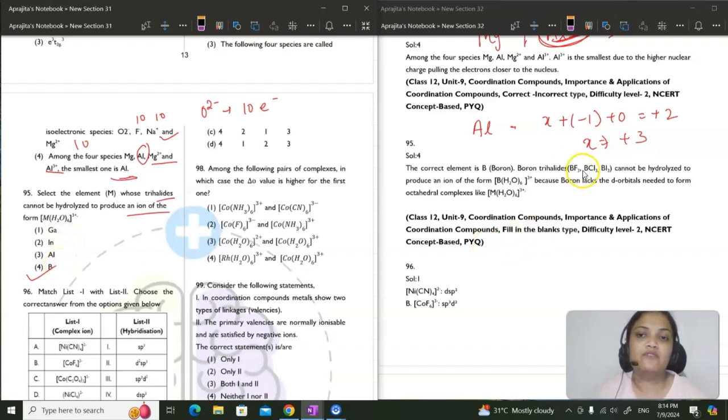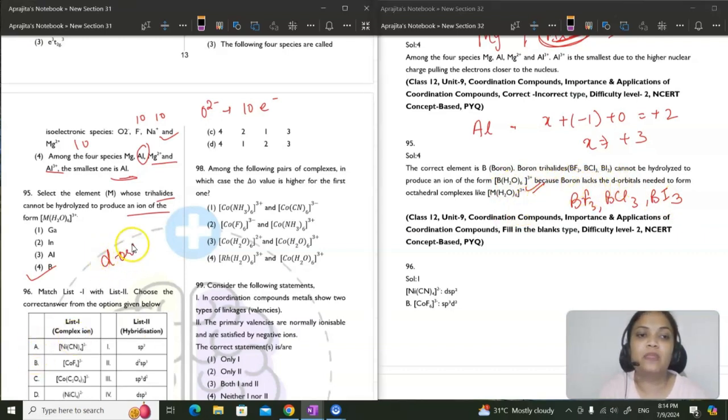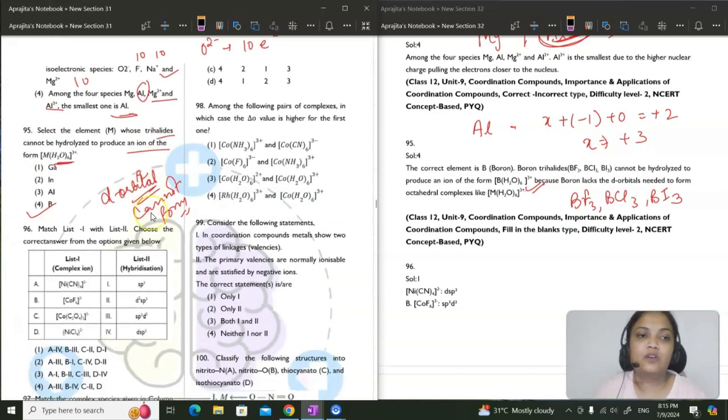Boron trihalides like BF3, BCl3 and BI3 cannot be hydrolyzed to form this type of ion, because boron does not have a d orbital and cannot form an octahedral complex. Here we have 6 water ligands, so 6 ligands will be attached only when there is a d orbital. So no octahedral complex would be formed.